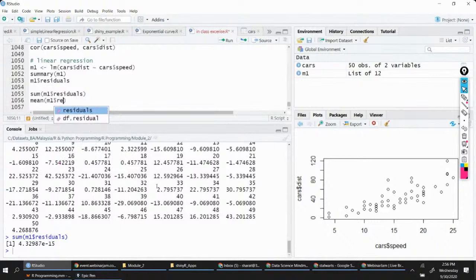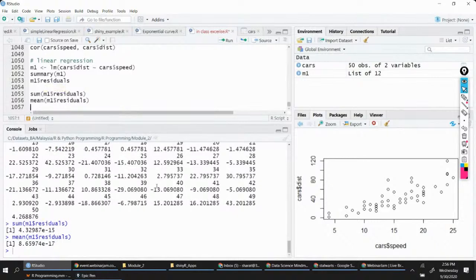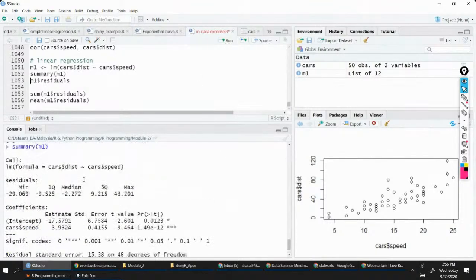Average will also obviously be 0. So there is no point in representing that mean zero error here. Okay. That's one thing that we need to observe.